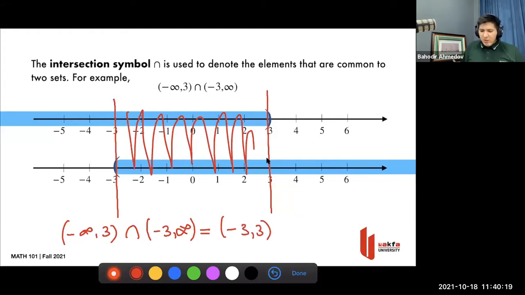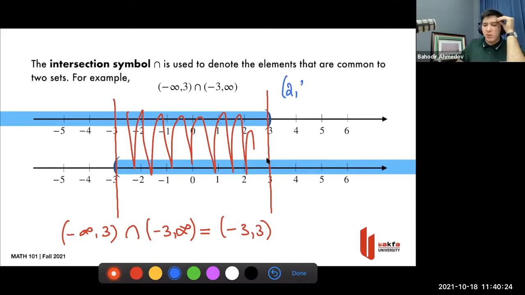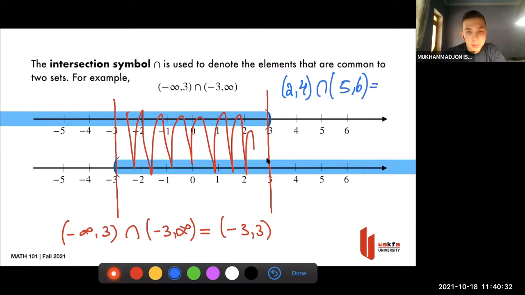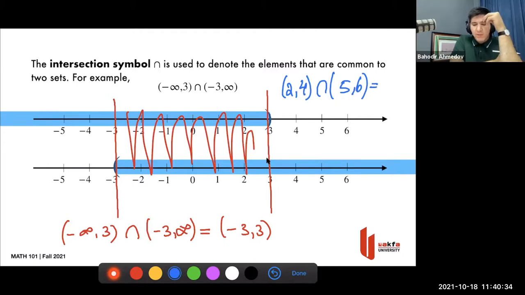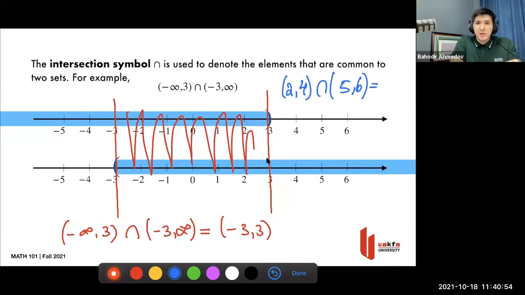In general, if I ask you what is the intersection of the intervals between 2 and 4 and between 5 and 6, which numbers are common for both of the intervals?